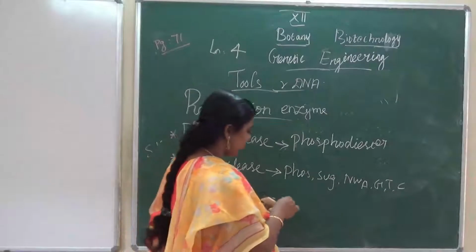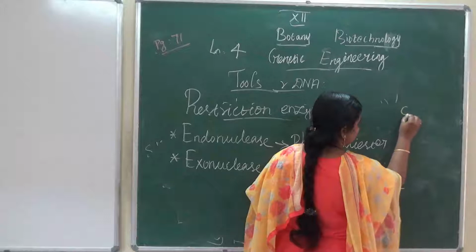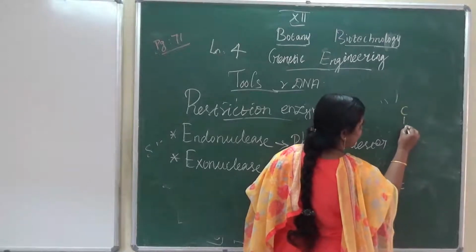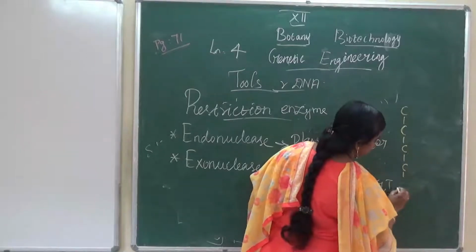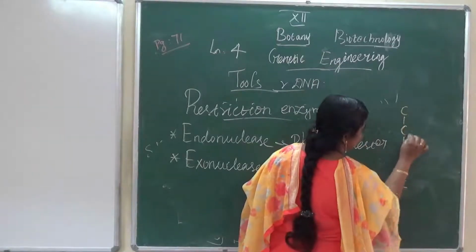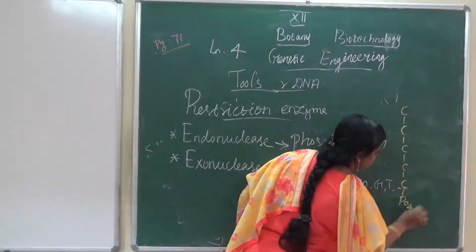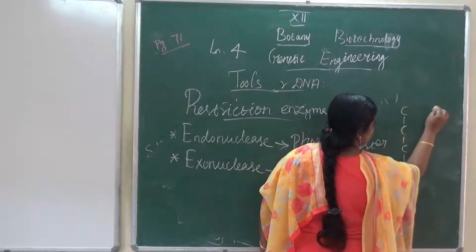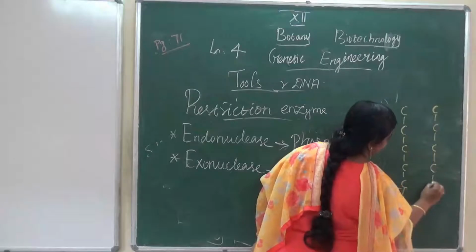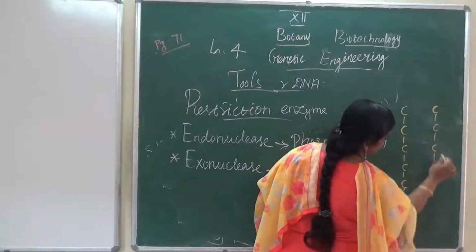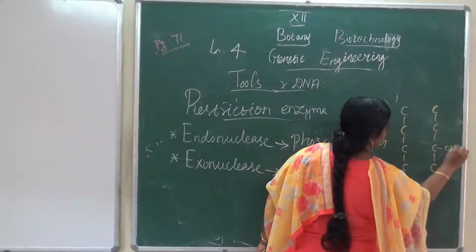That means, you know, the sugar has 5 carbon molecules: 1, 2, 3, 4, 5. The 5th carbon has a phosphate, and in another strand the sugar has a 5, and then the third carbon has an OH group.